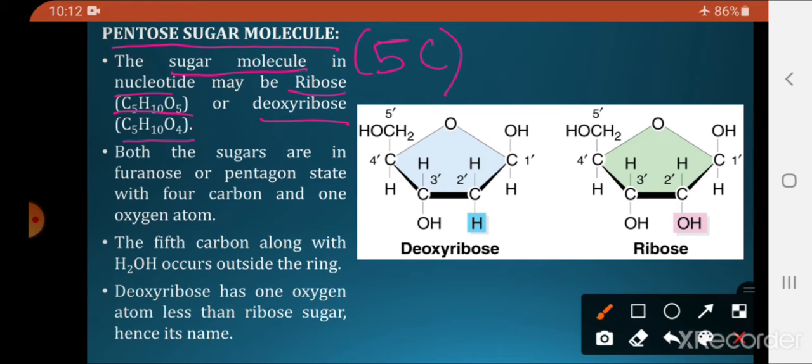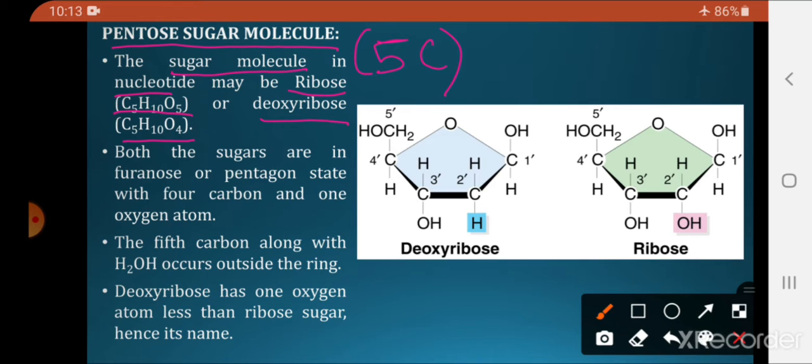A nucleotide contains either a ribose sugar or a deoxyribose sugar. Now when we studied carbohydrates, we studied their structure, basically the chain structure. But these carbohydrates also occur in the ring form. The carbohydrates, these sugars, may also occur in the ring form. So when we talk about the pentose sugar in nucleotides, always they occur in which form?